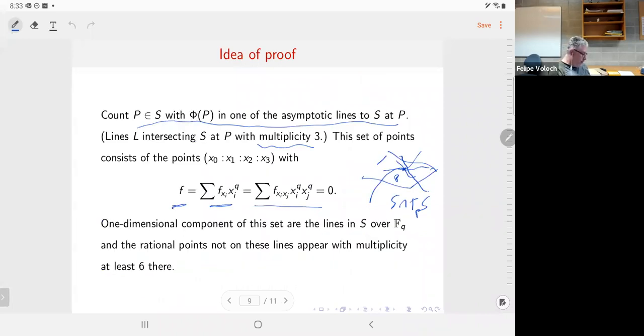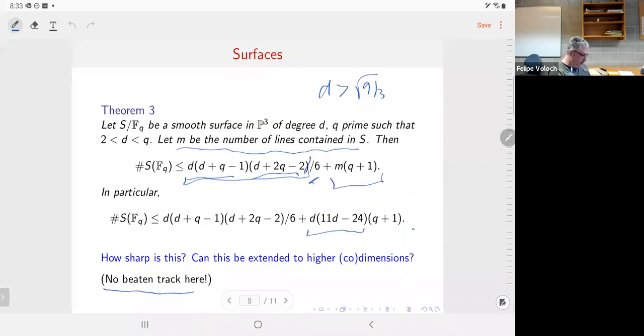The rational points come with multiplicity 6. This is a local calculation that you have to do, but it's doable. It's a little bit of local algebraic geometry. And so you get the 6 here, which makes the bound better. If there wasn't the 6, the bound would be essentially useless. The 6 makes it very nice.